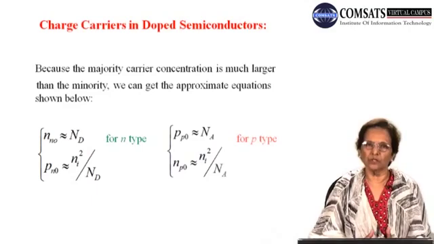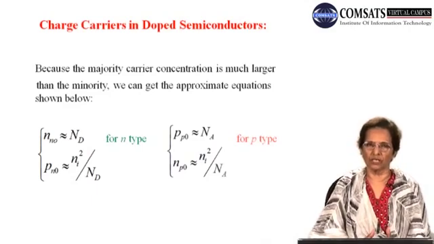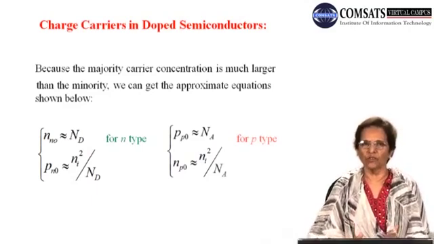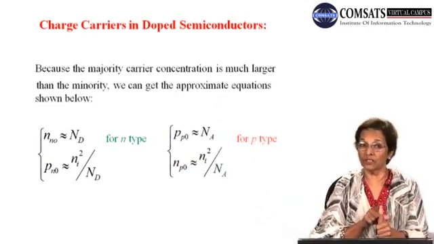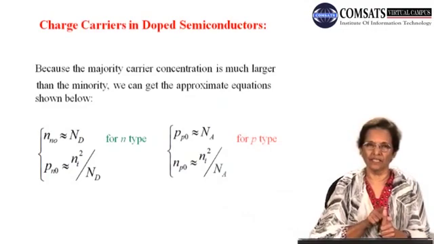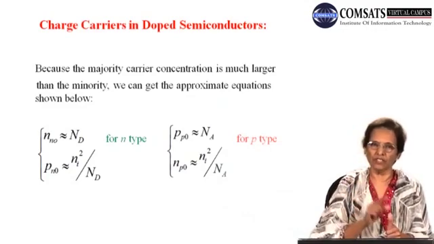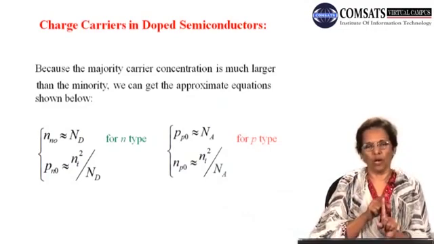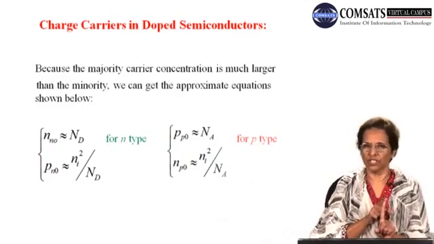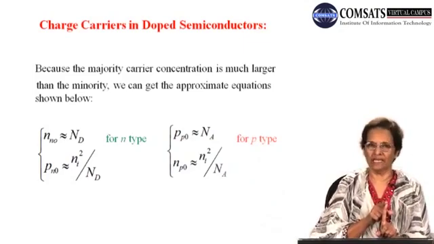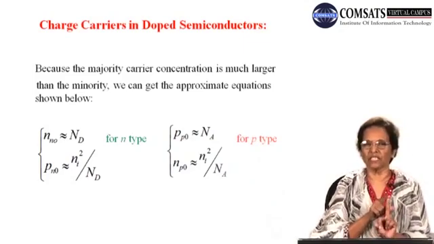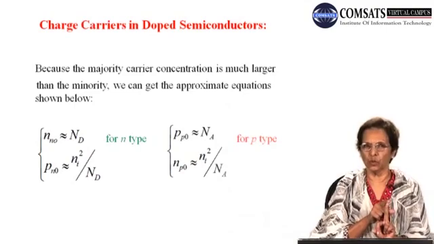Hence, the material is doped for the following two reasons. Number one, you can increase the carrier concentration 1,000,000 times, and also you can change the conductivity type, whether the conduction is mainly due to electrons or mainly due to holes.